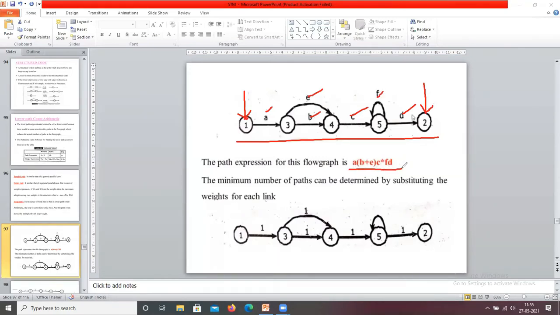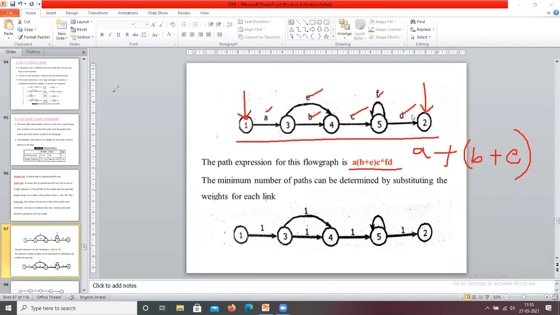The path expression is A plus, these are the serial links. So A, this is the parallel, so B plus E.